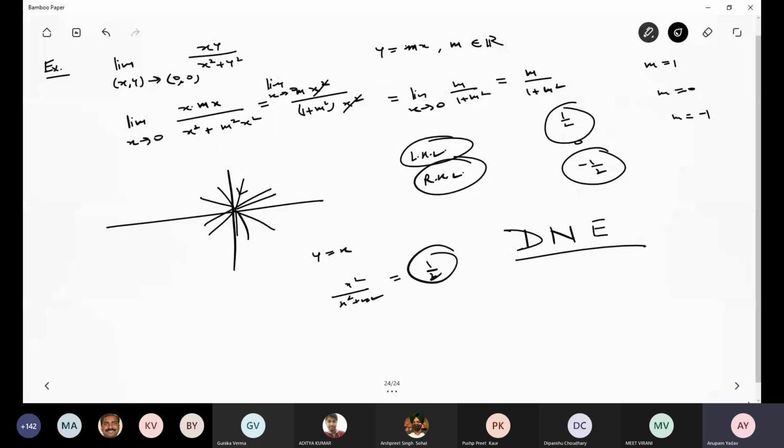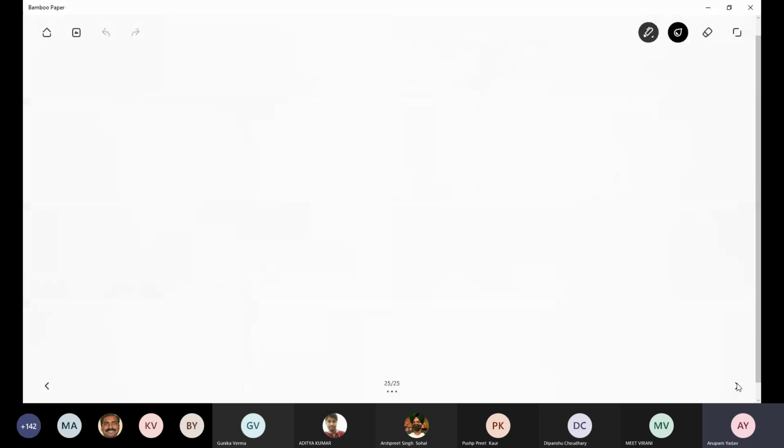Let me do one more example where the limit exists. Then I'll take queries. Suppose we have this function, limit of (x, y) tending to (0, 0), and we have this function, suppose it is f(x, y).